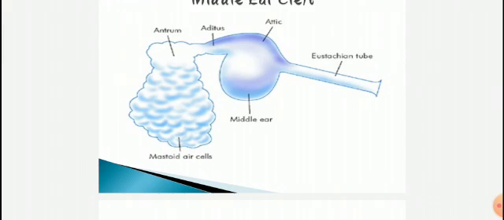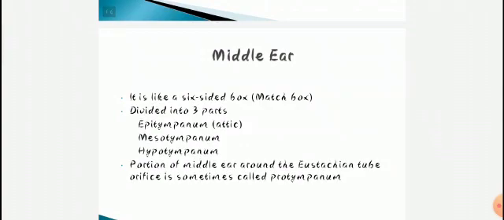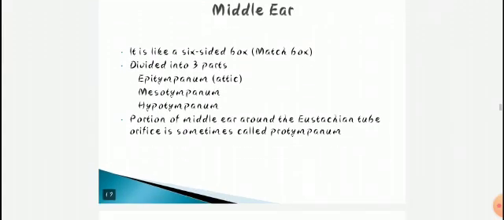Middle ear is like a 6-sided box and divided mainly into 3 parts: attic, mesotympanum, and hypotympanum. And portion around eustachian tube orifice is also called protympanum.